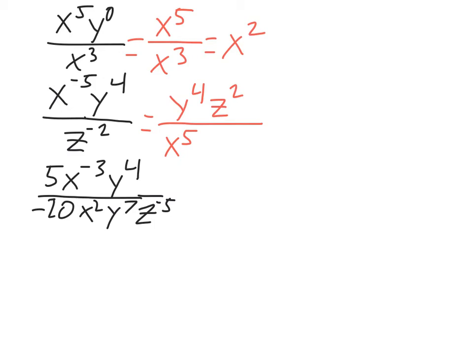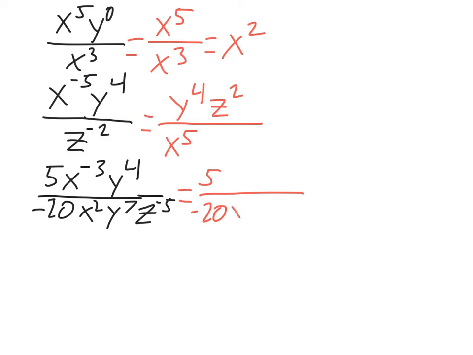So 5 is not raised to an exponent, so it stays 5. Then x to the negative 3 will move down bottom. And negative 20 will stay negative 20.